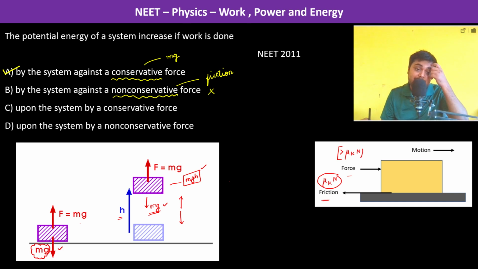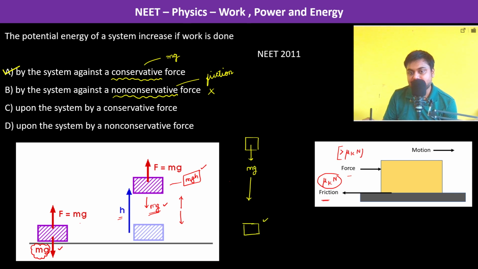Upon the system by a conservative force: let us say this is mg, and this mg is acting on the system and causing the displacement. Work is done by mg, the force is in this direction, the displacement is also in this direction, so yes, work is done upon the system by this mg.